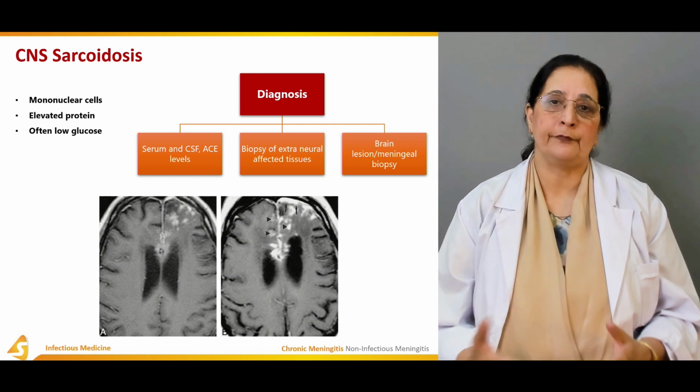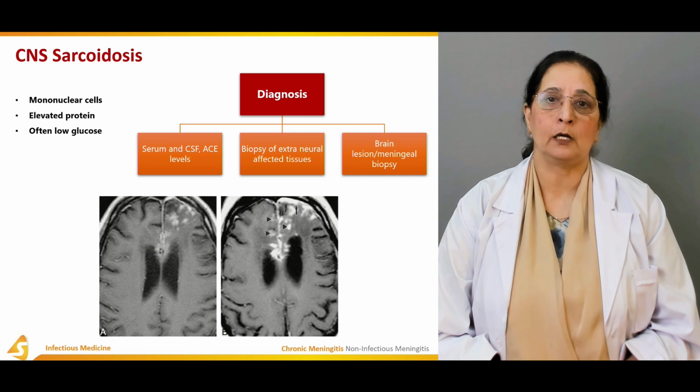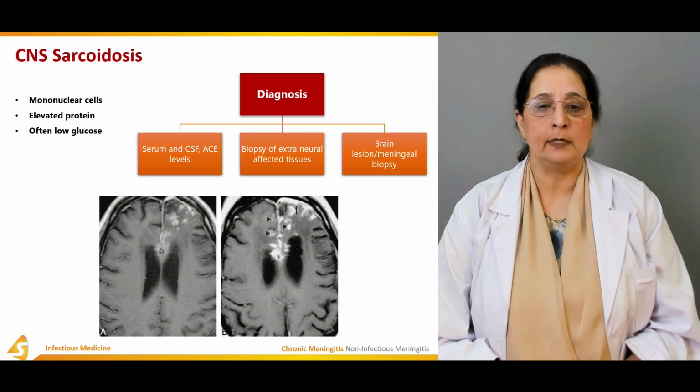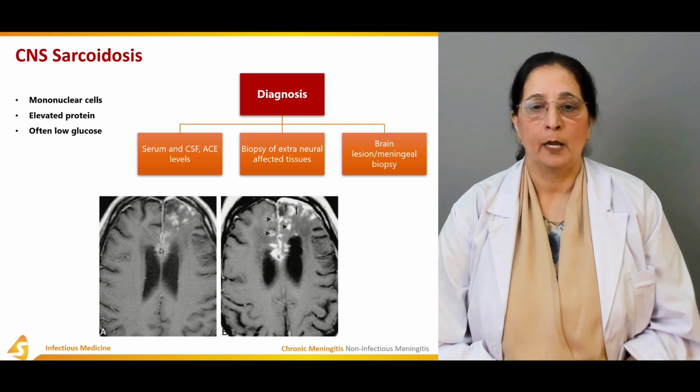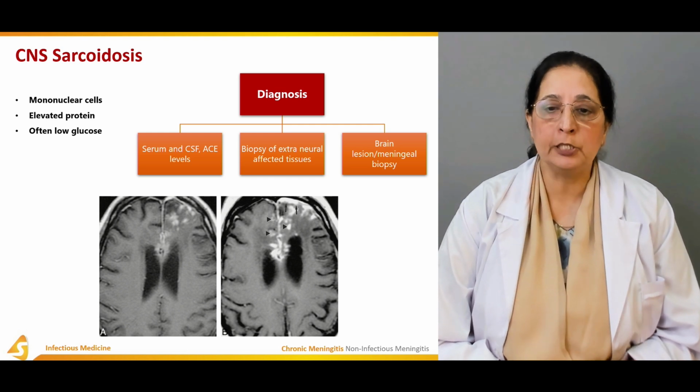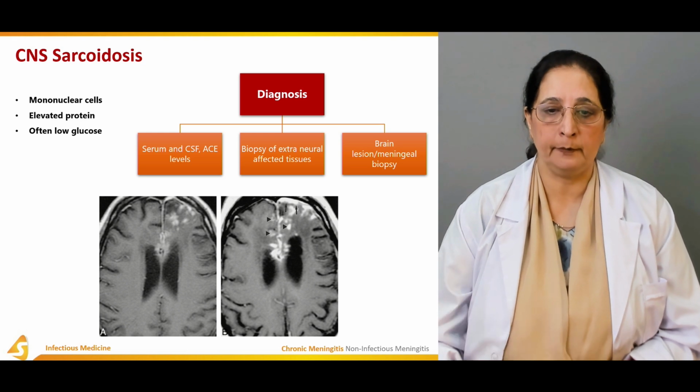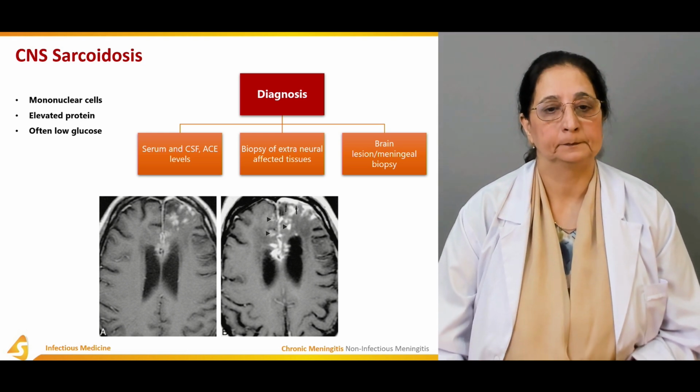So all these are different diagnostic tests for sarcoidosis: ACE levels in serum and CSF, biopsy of extraneural tissues, and biopsy of the meningeal tissues.